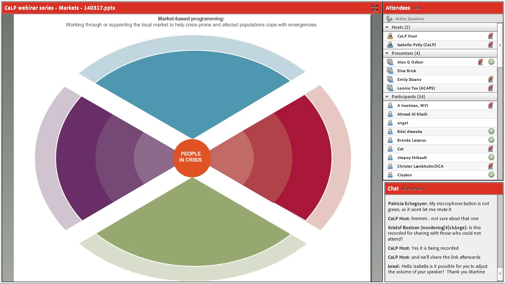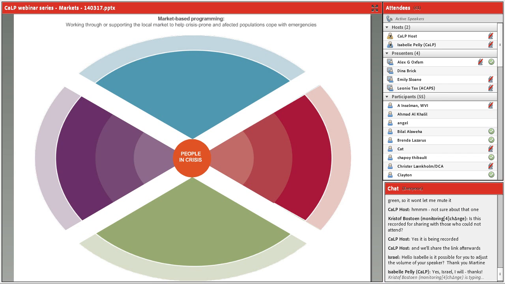So a little bit of background on this. Many of you may be familiar with a framework that was developed back in 2012, I think 2013, by WFP and Oxfam. CRS recently, along with Oxfam, conducted a review of market support activities in humanitarian programs.